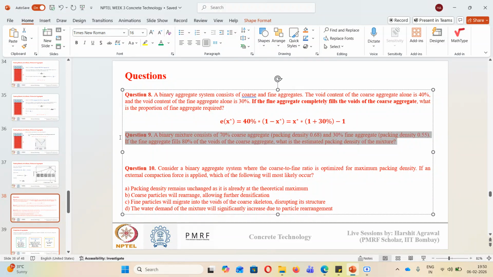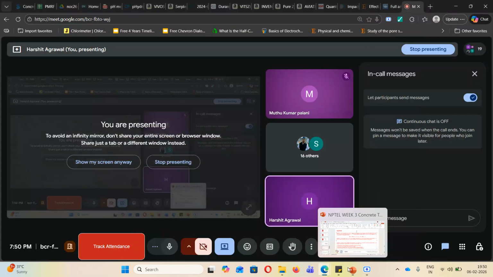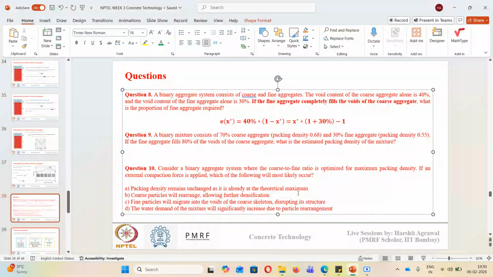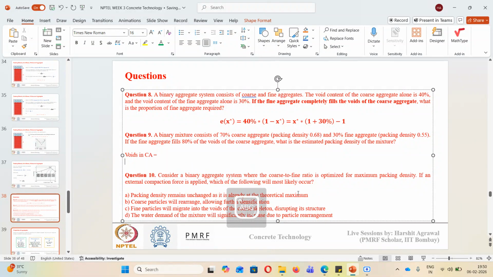This question won't require any formula, it just requires a little logic in the thinking. So just give it a try once. I'll write some hints to think.